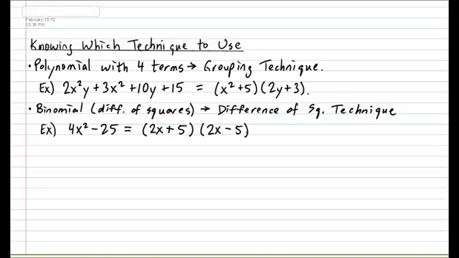Alright, next, what do I tend to look out for? I look out for if the expressions are trinomial. But not just any trinomial, specifically of the form something x squared plus something x plus a number.